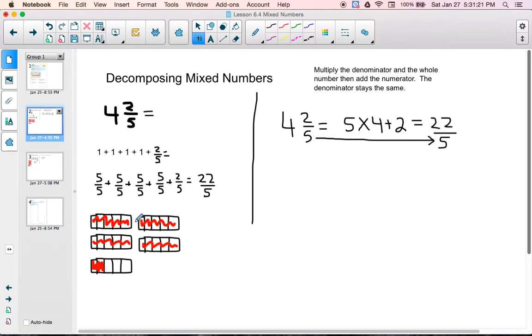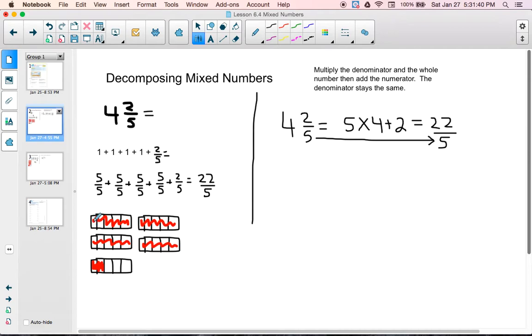And here's a model for that. This represents 1 whole. This fraction bar has been divided into 5 parts, 1, 2, 3, 4, 5, and I shaded in the whole thing. So there's 1, 2, 3, 4, and 2/5. That's the mixed number, but it's also 22/5.